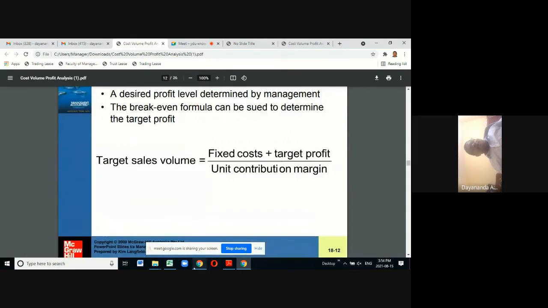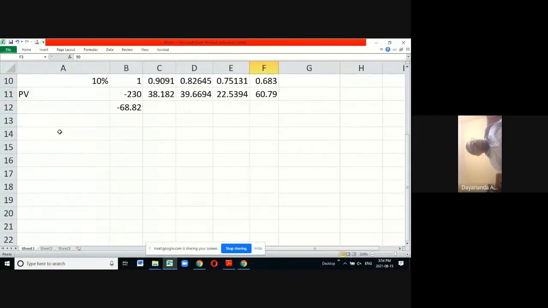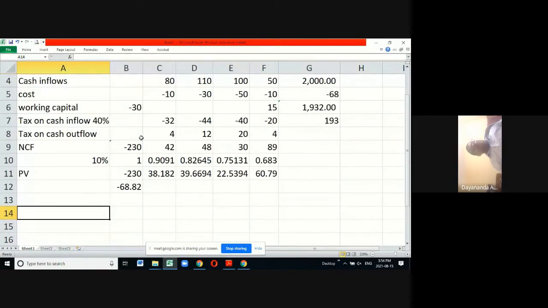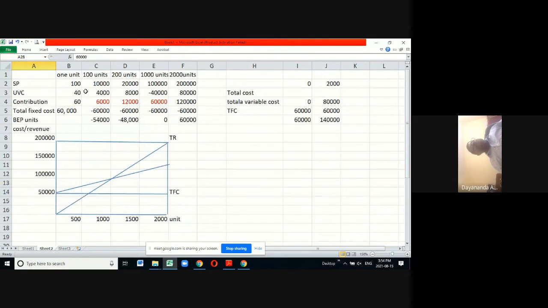For example, in our scenario, you know the basic information: sales price, unit variable cost, contribution, fixed cost.